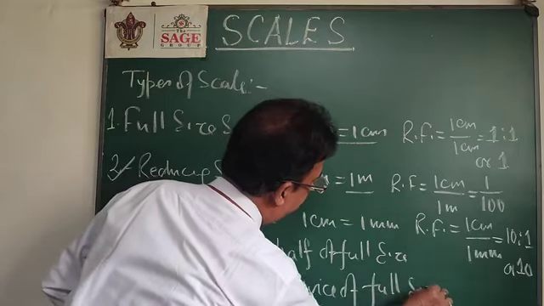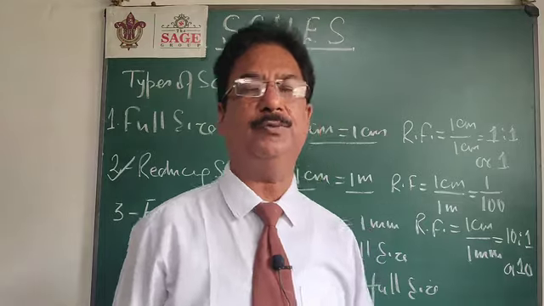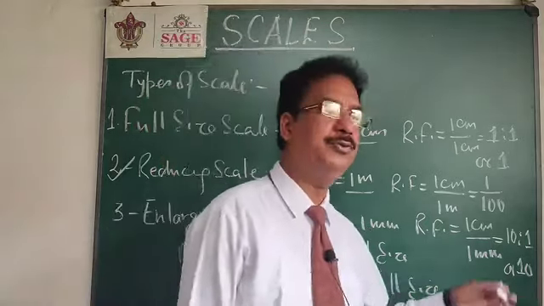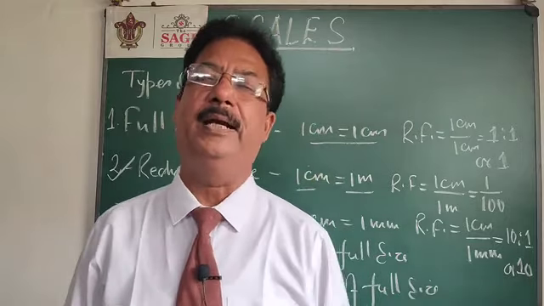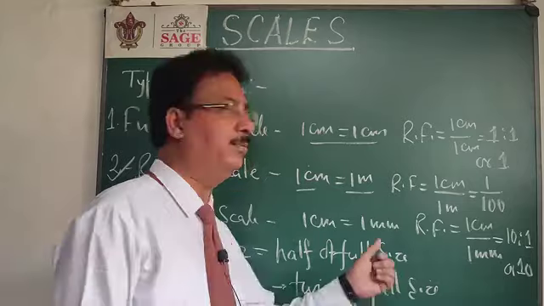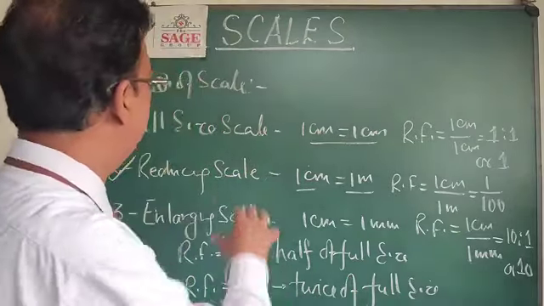So you can compare all the scales, reducing and enlarging, with respect to full size, because full size will be 1. If I am using an RF of 10:1, or you can say 10, it means I am using a scale which is 10 times the full size. I hope you got this concept.